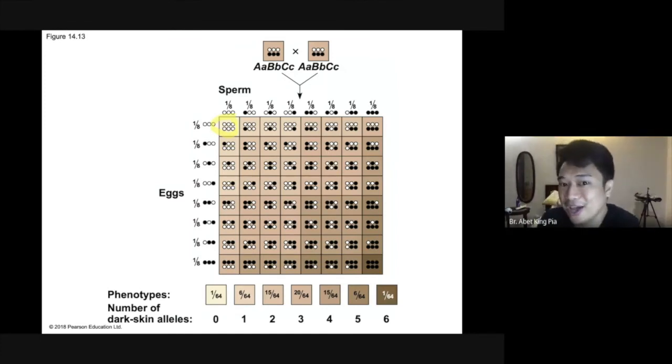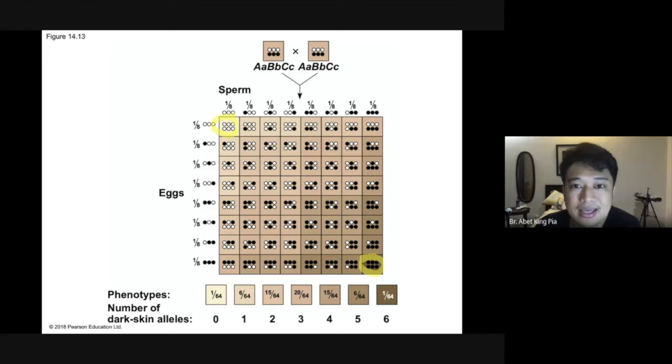Hindi lang siya monohybrid cross. Pero syempre for the sake na magbigay tayo ng example for monohybrid cross last week, yun ang ginamit natin na case. But actually, skin color is not just influenced by one gene. Okay? Maraming gene yung kailangan.